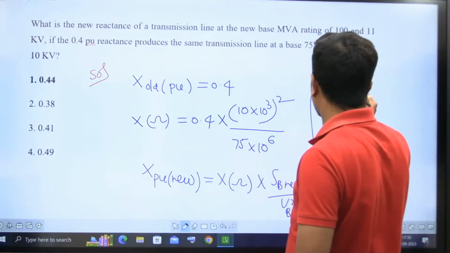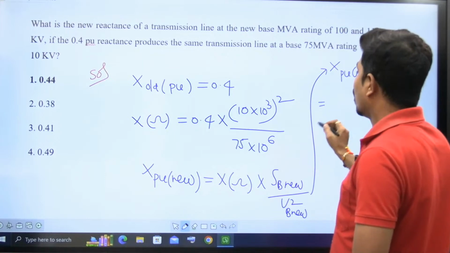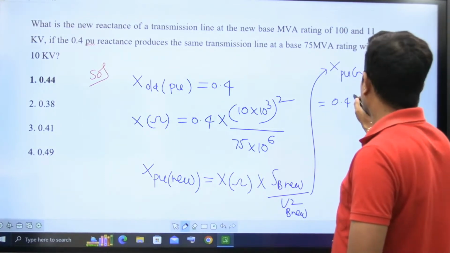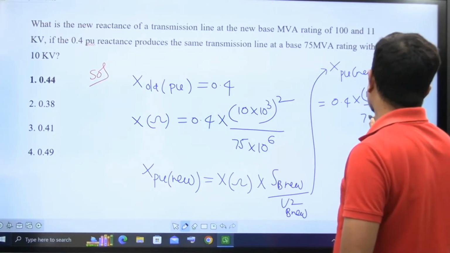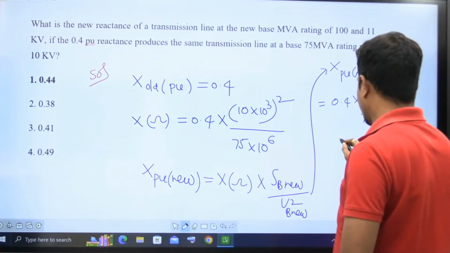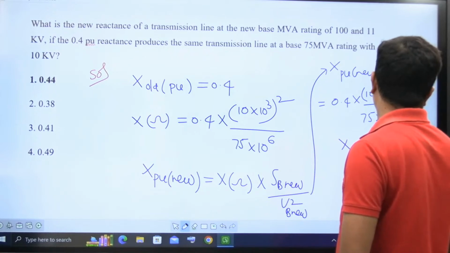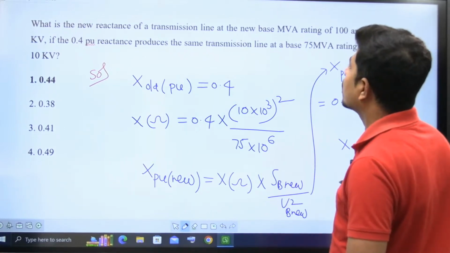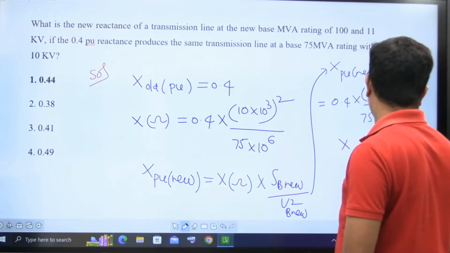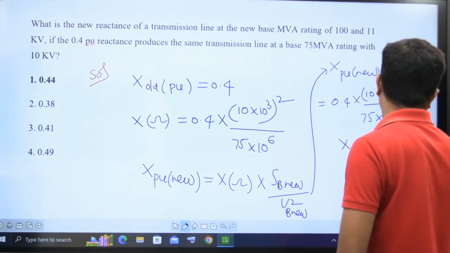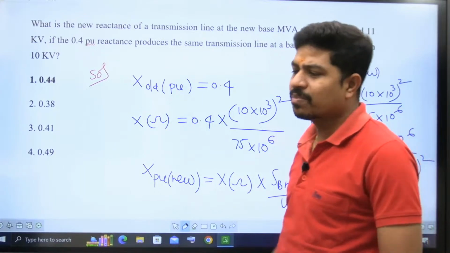Now if you come here, X per unit new is equal to, how much is X in ohms? 0.4 into 10 into 10 cube whole square by 75 into 10 to the power of 6, into S base new, which is 100 into 10 to the power of 6, by how much is the new voltage? New voltage base is 11 into 10 cube whole square. If you do, you are going to get the answer as 0.44, right? That was a simple question.